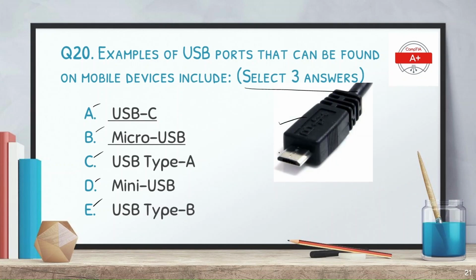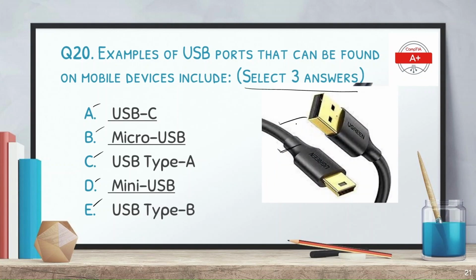Micro USB. This port is also found on mobile devices, mostly on the legacy mobile devices. And the mini USB, this was also found on the old mobile devices. The most recent and modern devices mostly use the USB-C.